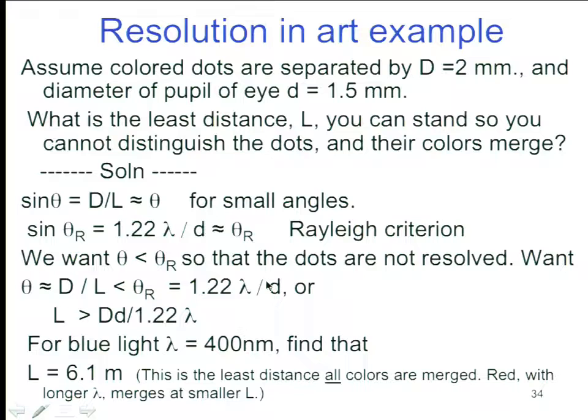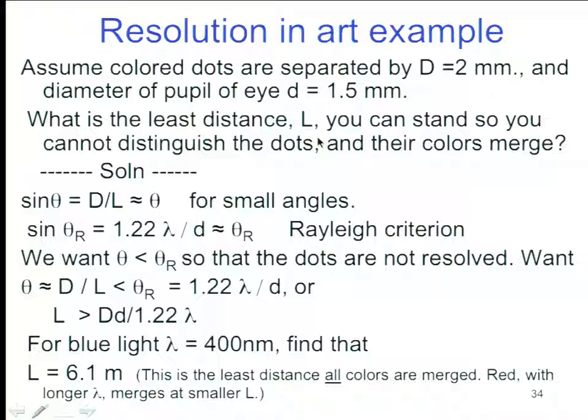And that is to say, if you have a dab of paint, let's say 2 millimeters, and the pupil of your eye is roughly, let's say 1.5 millimeters, how far do you have to go so that the dots will look merged? Now, the criterion that's used is that if you have a dot and another dot, this could be thought of, by Babinet's principle, as an aperture, and the aperture has a bright spot, and it has a dark ring.